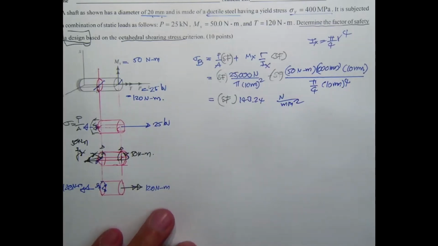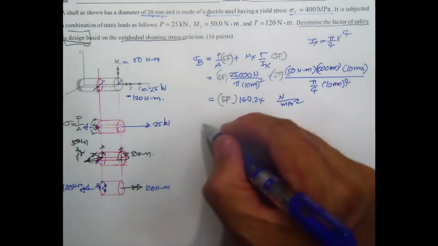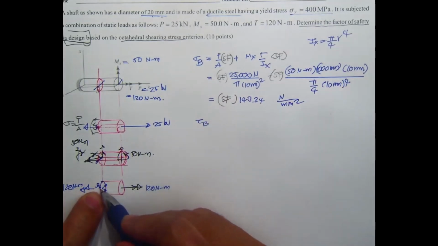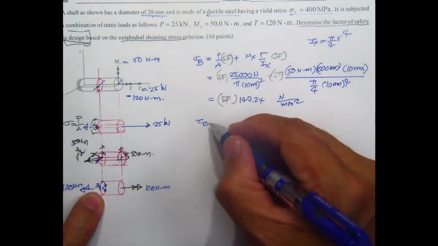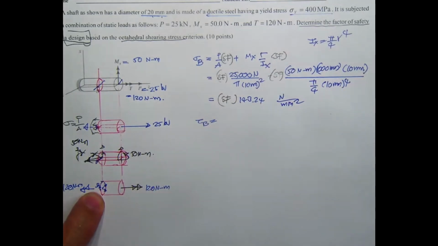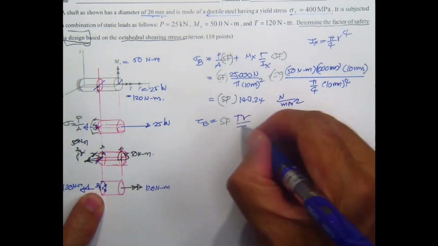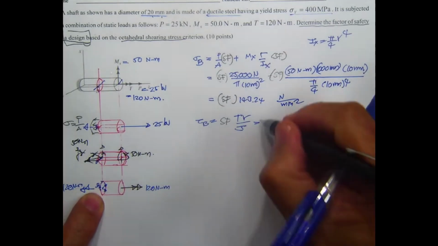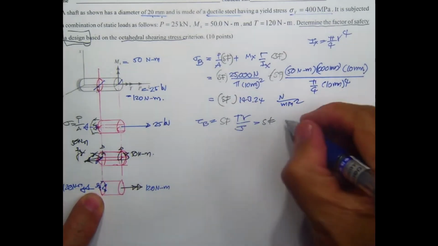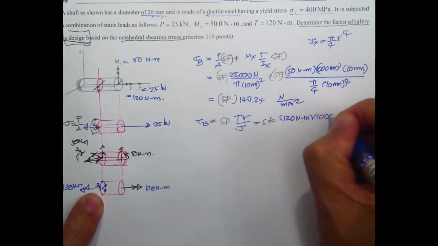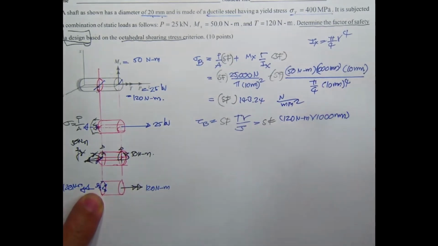Okay, and then we have tau sub B over here. This is shear stress, and that's going to be equal to the safety factor times the moment, that's going to be TR over J. That's the safety factor times 120 Newton meter times 1000, changing the unit to Newton millimeter.